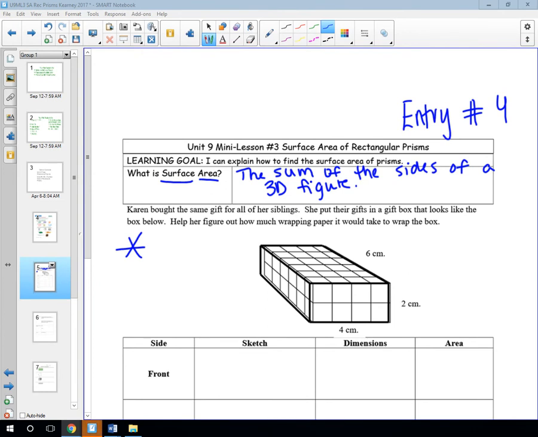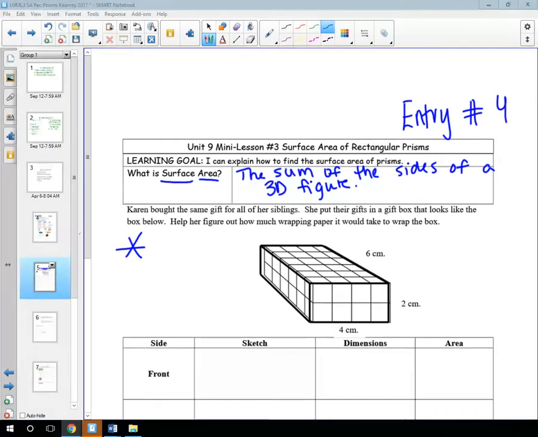I can only imagine what's inside of it. And here's the problem. She's running really low on wrapping paper. So what we've got to do is we've got to figure out exactly how much wrapping paper she's going to need before she gives this gift. And you notice she's giving it to her siblings because yesterday was National Siblings Day, if you didn't know. So she's giving a gift for National Siblings Day, and we've got to find out how much wrapping paper.